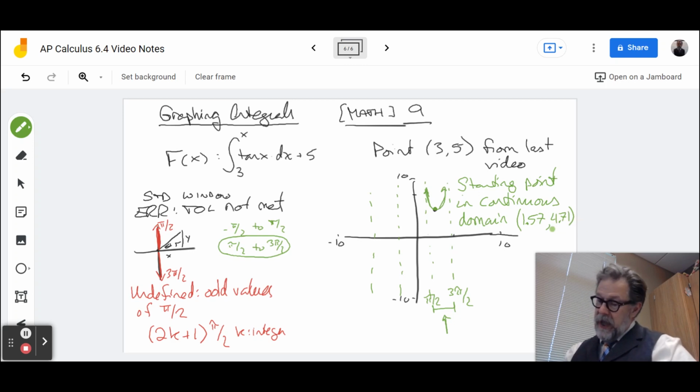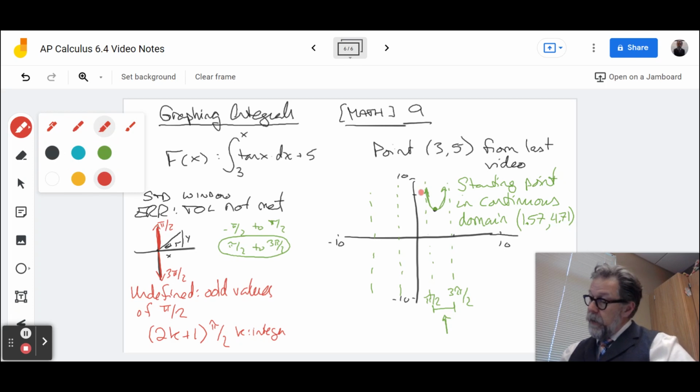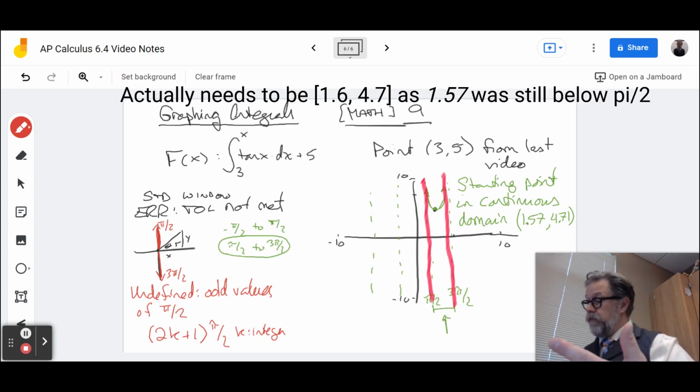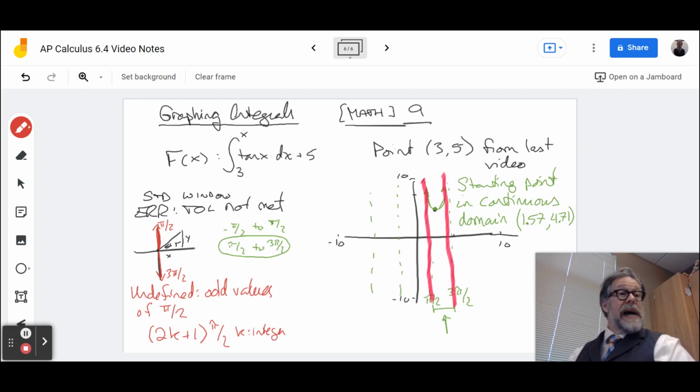But notice what's key here. What's key is that we never get to these vertical asymptotes because, of course, the integral doesn't exist at those points.